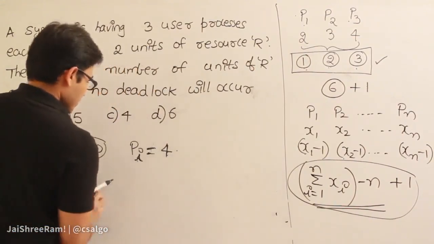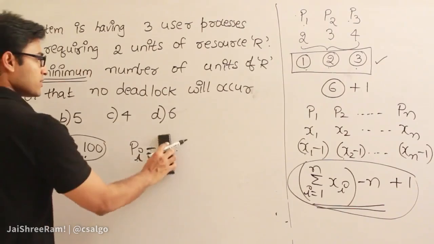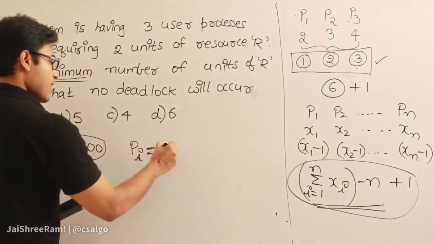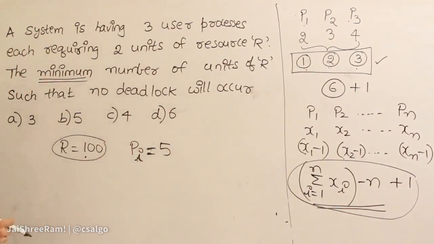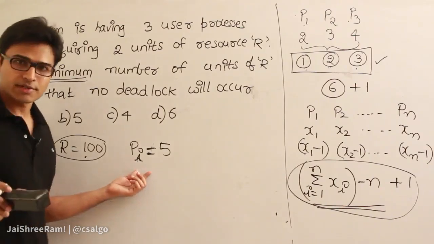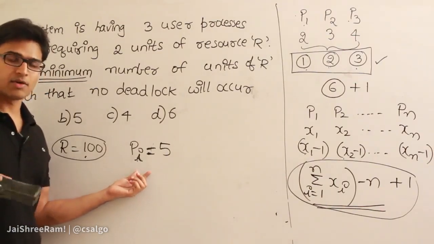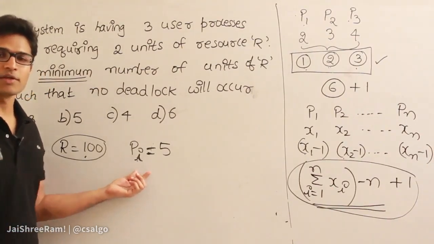Okay, now watch it. Let us say I have 100 resources, and each process wants 5 instances of the resource to finish the execution. Then the question is again the same. What is the minimum number of processes that have to be present in the system because of which there could be a deadlock? If deadlock has to happen, then what is the procedure?